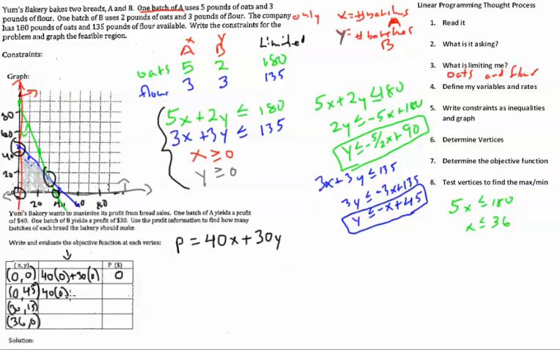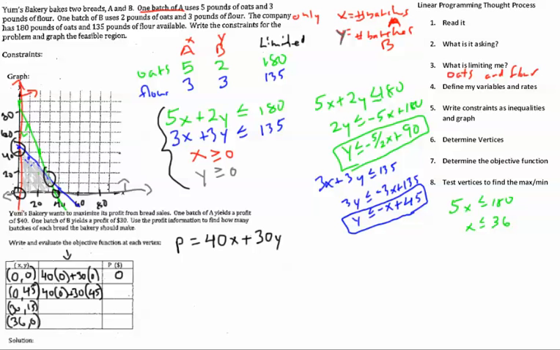40 times 0, if I make no batches of bread A, then given my constraints, I can make a total of 45 batches of bread B, so plus 30 times 45. Well, what is 30 times 45?